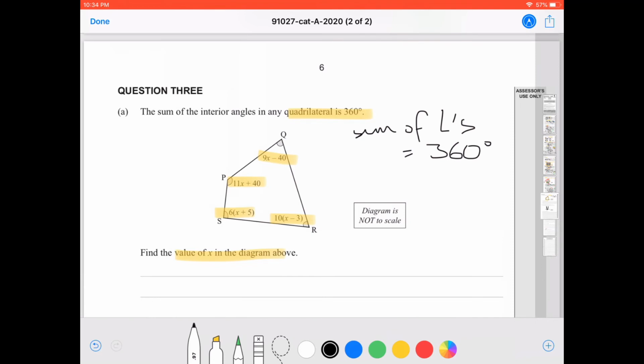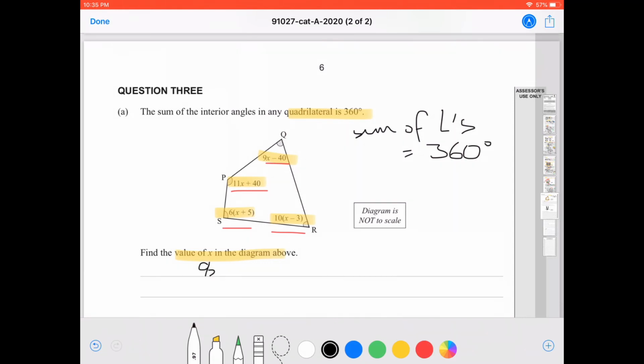So, finding the value of x, we can say all of these angles, 9x minus 40, 11x plus 40, 6x plus 5, and 10x minus 3, well, they all equal 360.